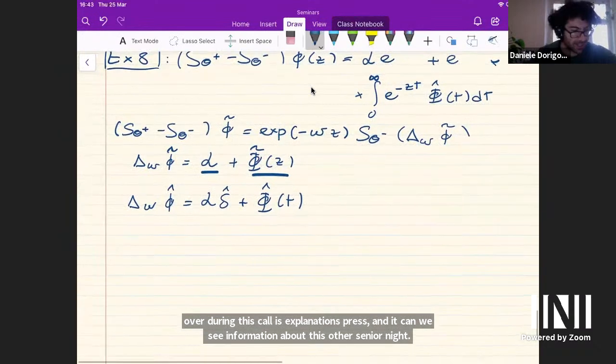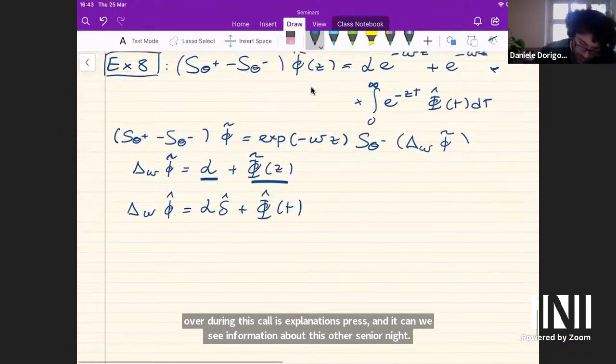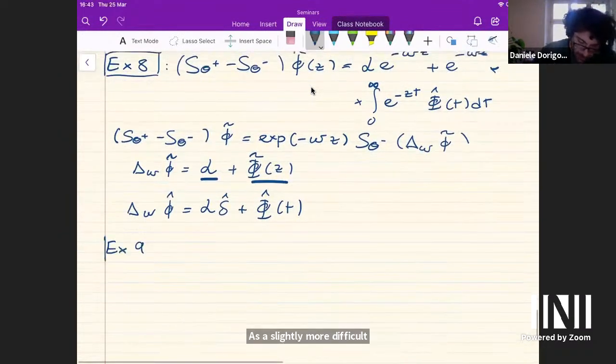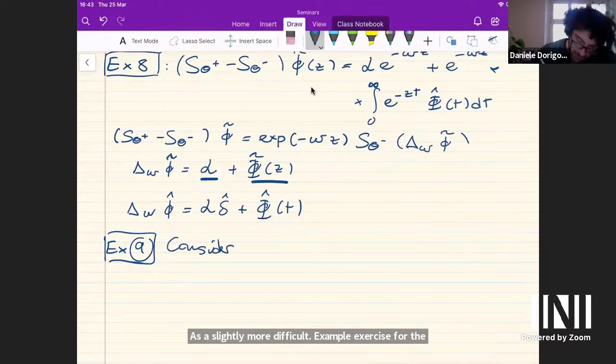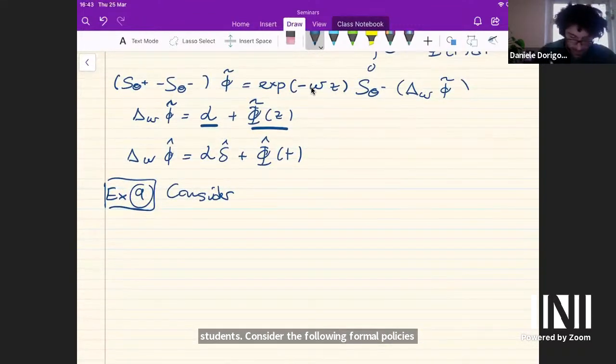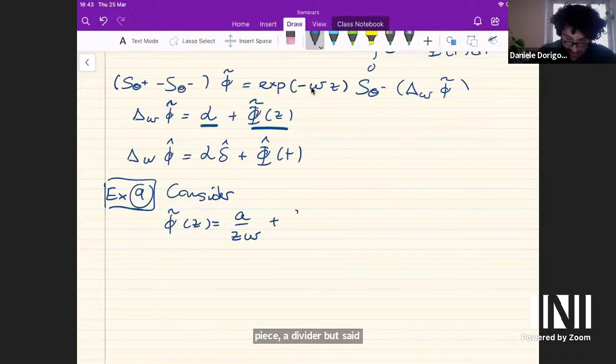As a slightly more difficult example or exercise for the students, consider the following formal power series. Z is A divided by z omega plus A plus B minus C over (z omega) squared.